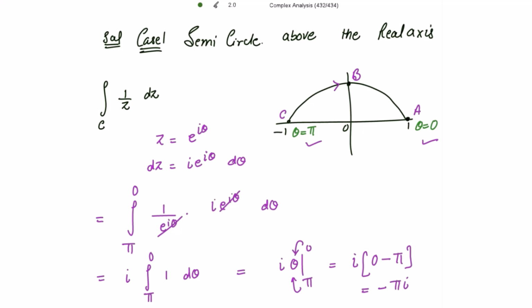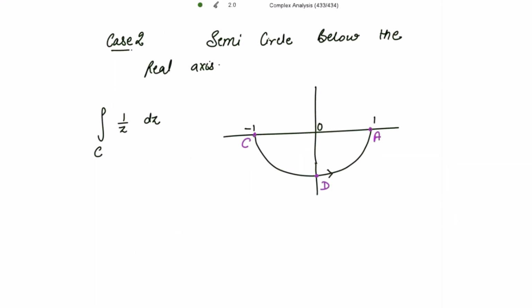Now the other case, if the semicircle is below the real axis, here θ will be equal to π, and here it is 2π, because we are moving along the semicircle arc below the real axis.